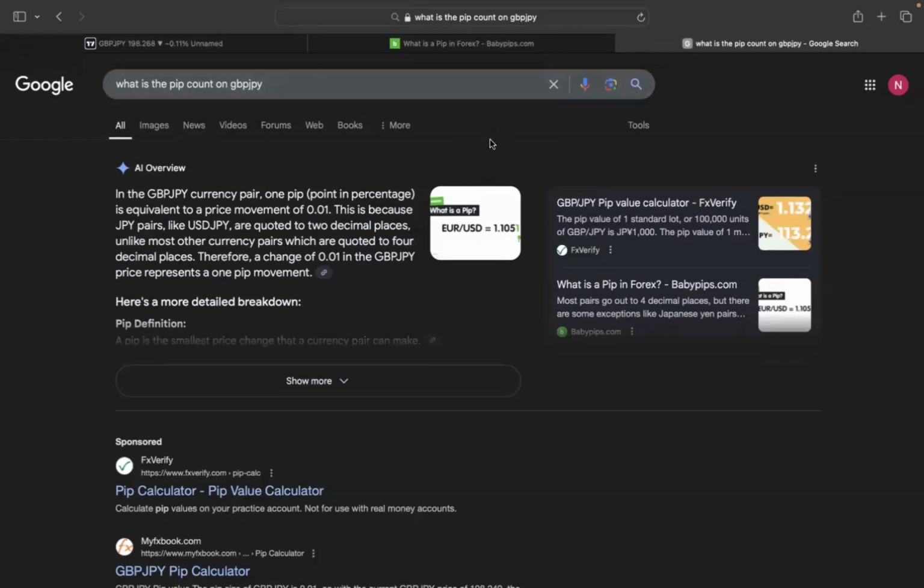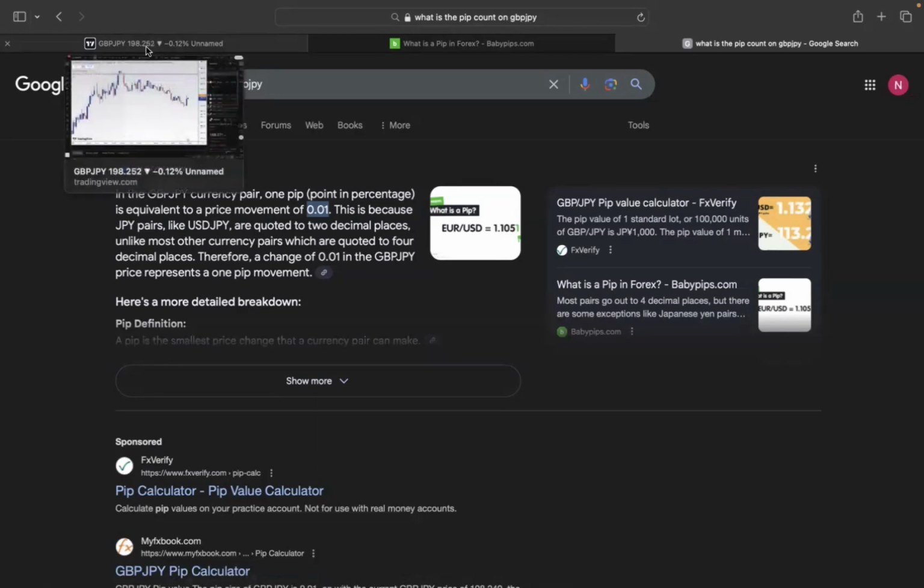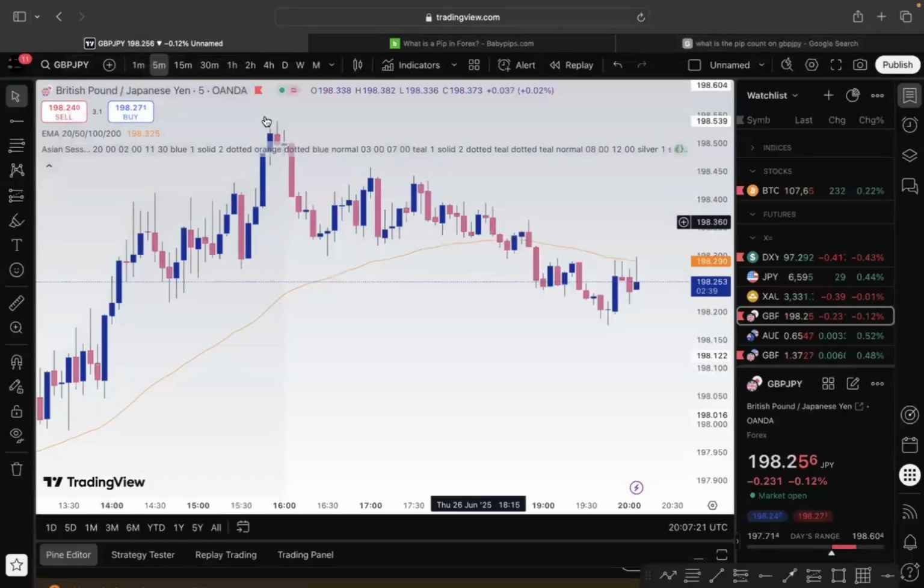Google says the pip count is 0.01, which means the pip count is from the second decimal place. And you can see here on GBPJPY, it has 3 decimal places, so the pip count will be from the second.